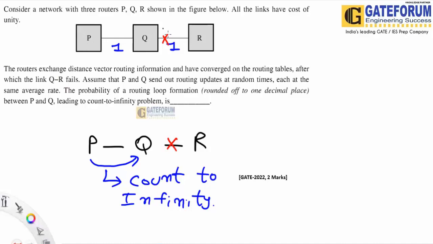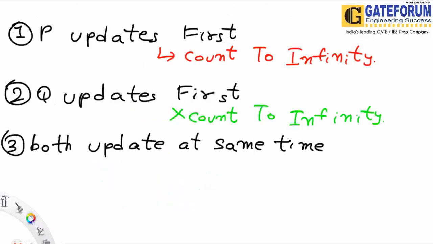So based on that, Q will also get to know that there is no particular path present to R. So this will also not cause any count to infinity.